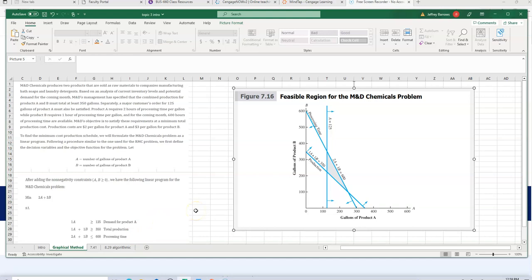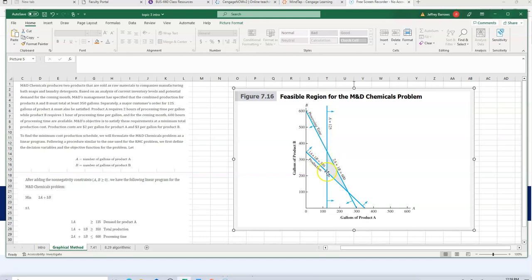And so here's what happens at this point. After I have graphed all three constraints, what I'm looking for is the set of ordered pairs that satisfy all three of these conditions. So I'm looking for all the points to the right of 125, below 2A plus B equals 600, and above A plus B equals 350.